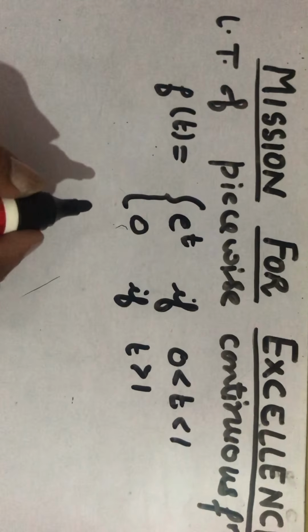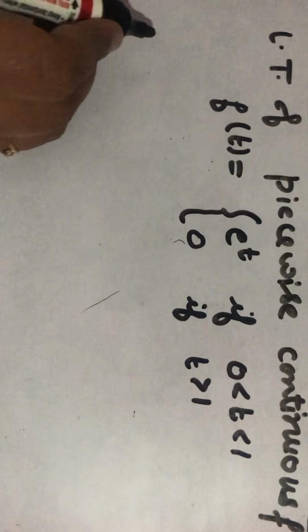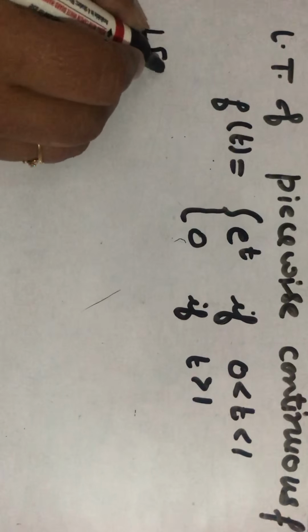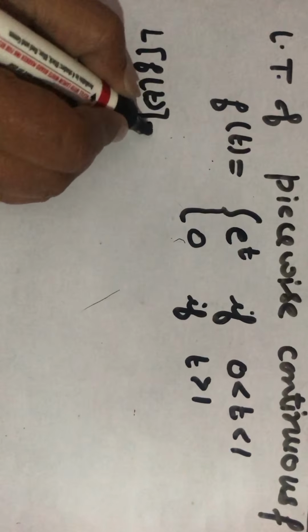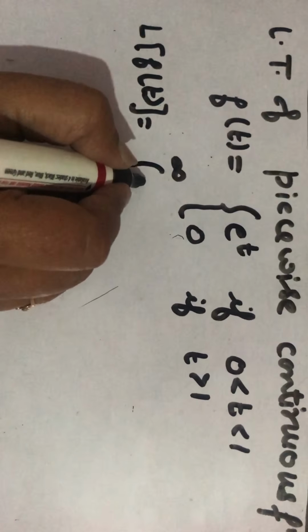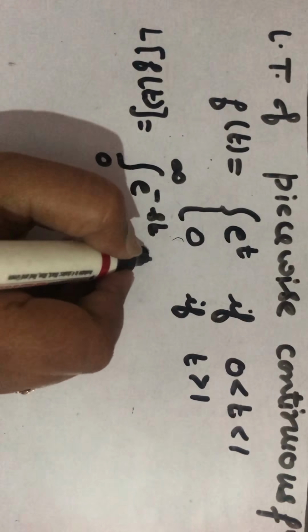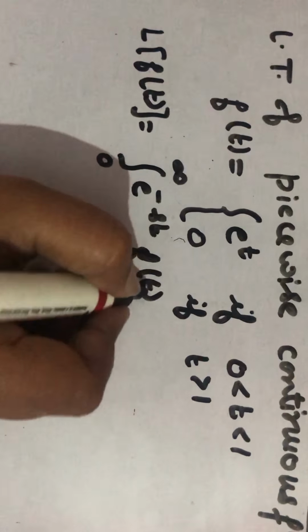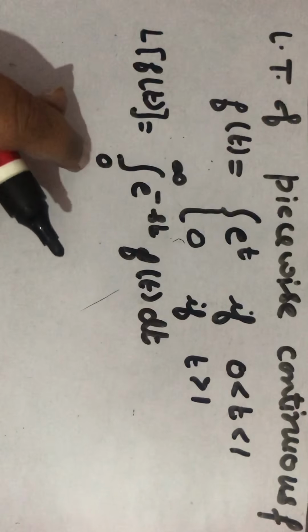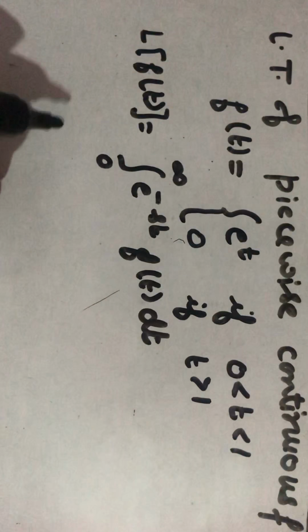So now we have to find out the Laplace of f(t). By the basic definition, Laplace of f(t) is integral 0 to infinity e raised to power minus st f(t) dt. Now this 0 to infinity interval is divided into two parts, 0 to 1 and 1 to infinity.